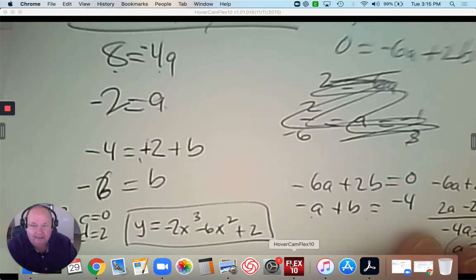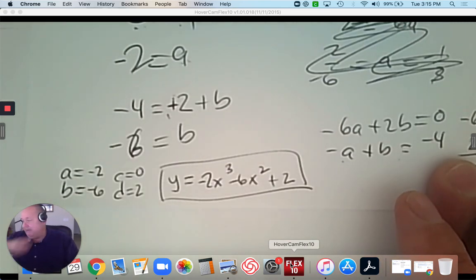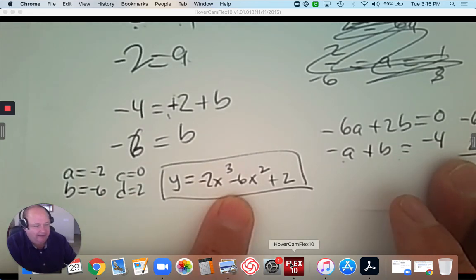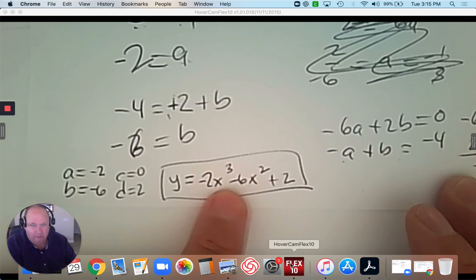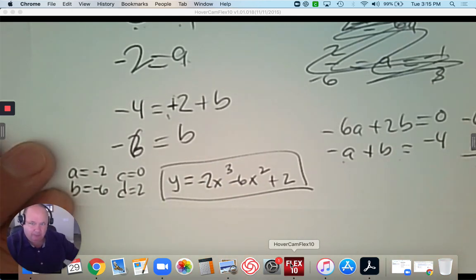That's putting in A, B, C, and D. There it is. Back to the beginning. And that function, what we just wrote, has a maximum at 0, 2, and a point of inflection at negative 1, negative 2. And we did that doing algebra working backwards.